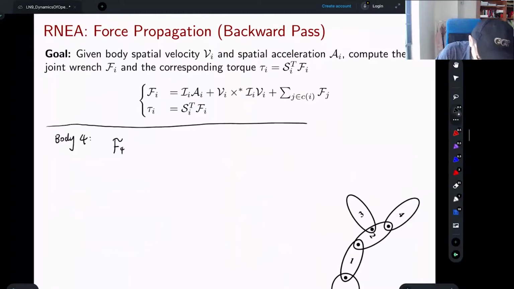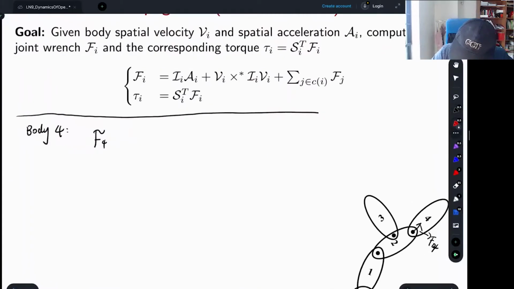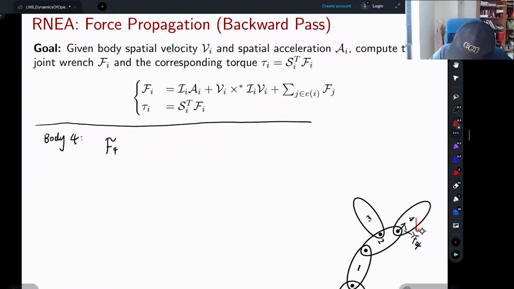We can say F4, this is the force provided from link 2 to body 4. Okay, and also it has gravity. Hold on, this may be my gravity. Let's use spatial algebra. That will be Fg of 4, gravity. Let's say that's my gravity force.